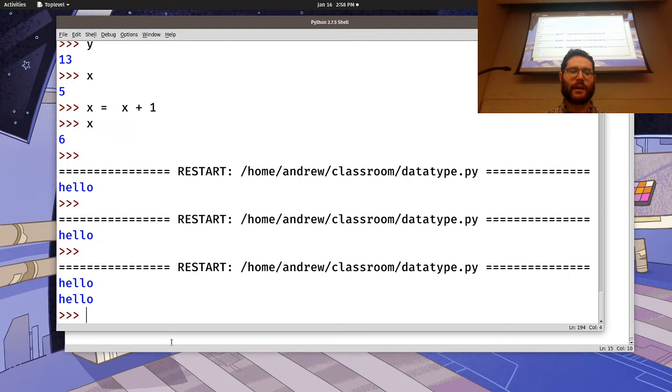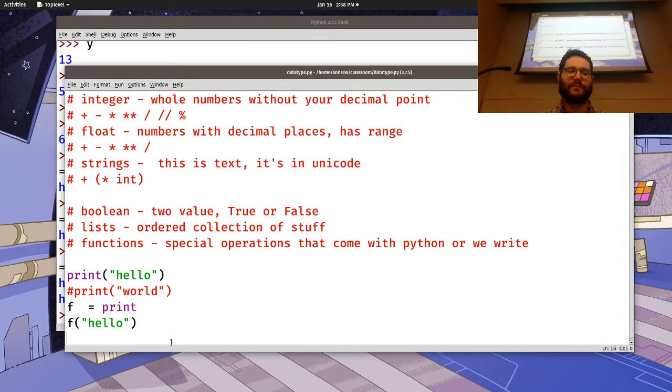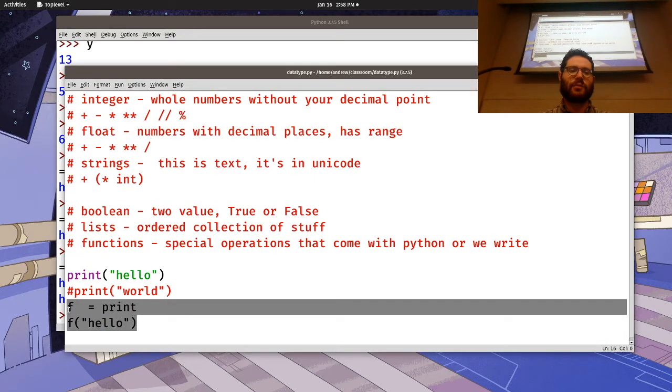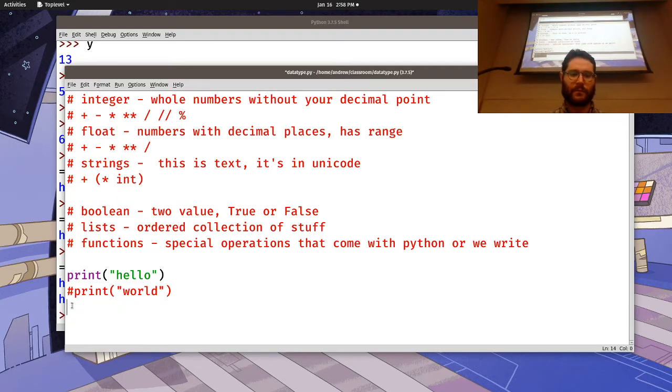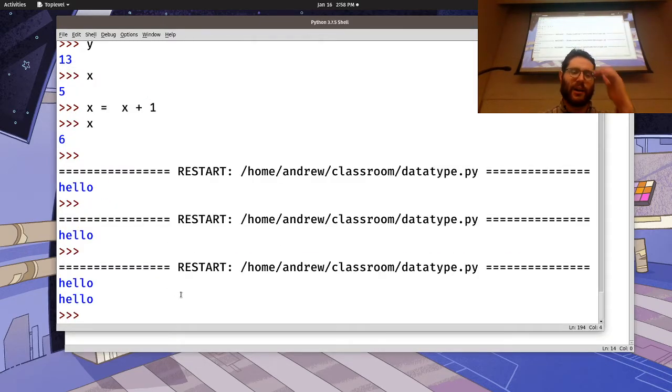And now it will go hello, hello, because f is now just a renaming of print. So I can totally store a function in a variable. You can't do that in a lot of other languages. But in Python, you can store anything in a variable. Now, functions, you're never going to see me do that again, because that looks terrible, especially if you're just beginning. The point being, it doesn't matter what type it is. If it's an integer, float, string, it can be a variable.